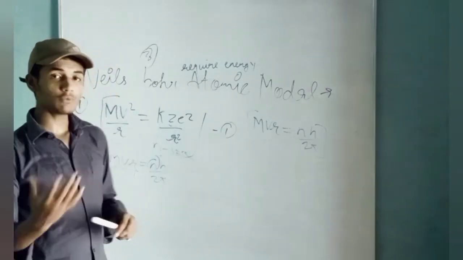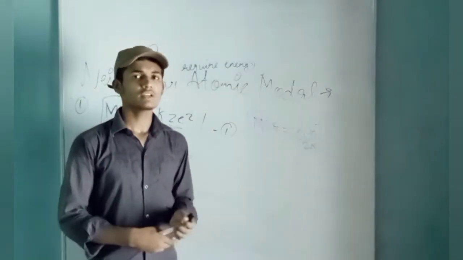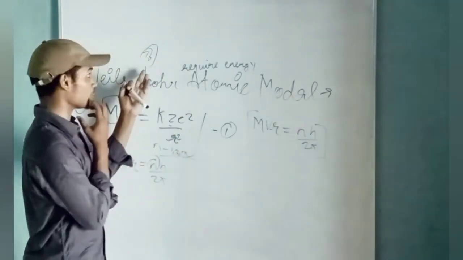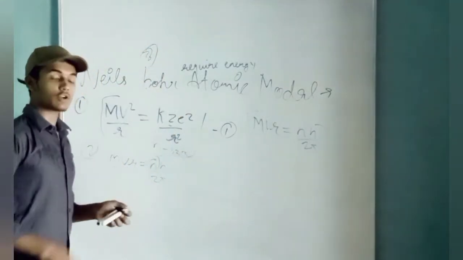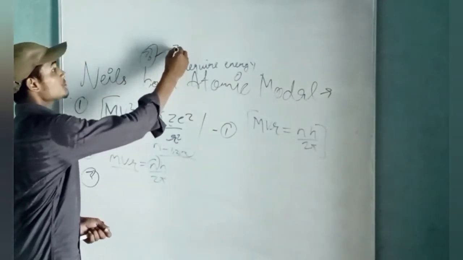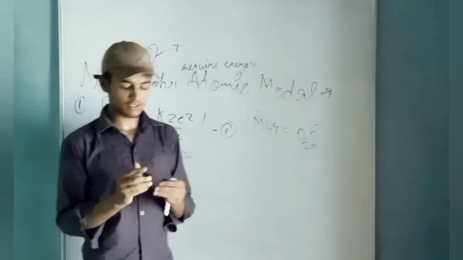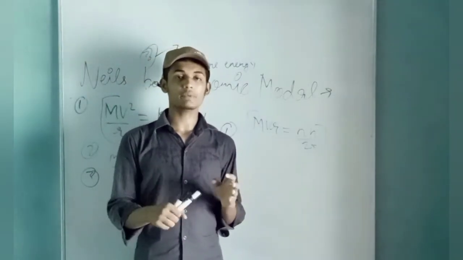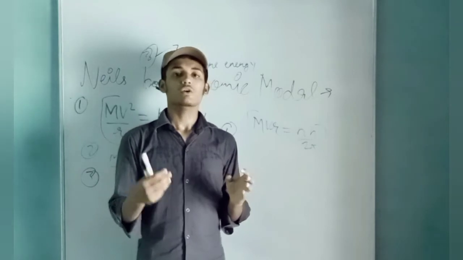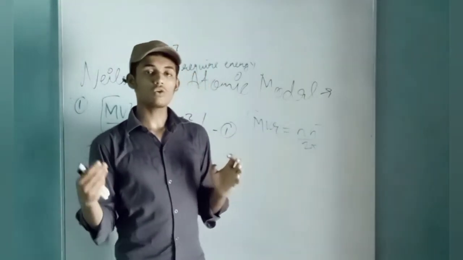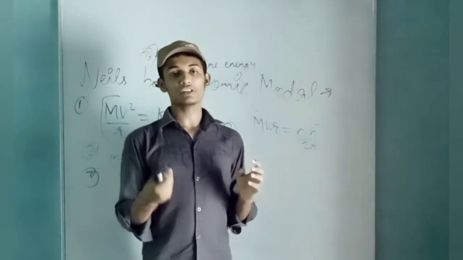What is the third postulate? That is the most important postulate in the Niels Bohr atomic model. The third postulate is: when electrons jump from a higher orbit to a lower orbit, they emit or release energy, and when they go from a lower orbit to a higher orbit, they absorb energy.